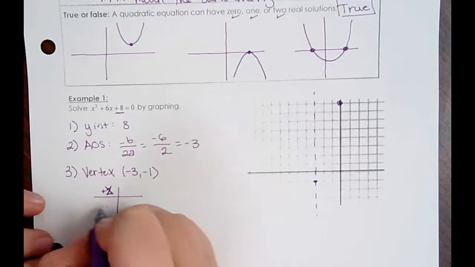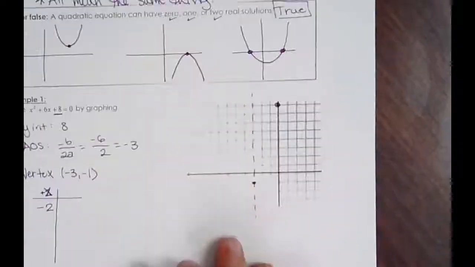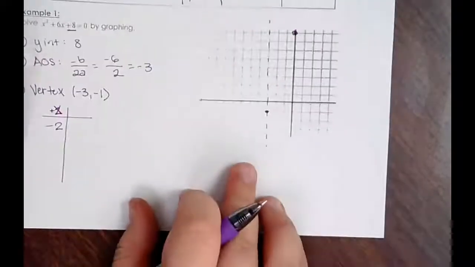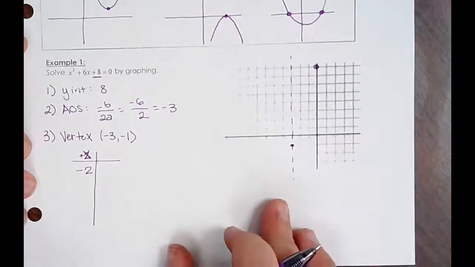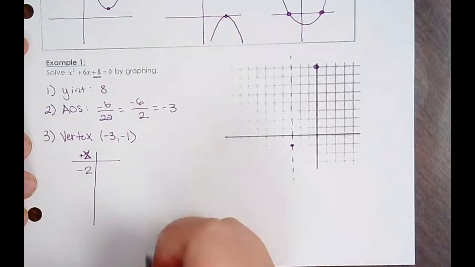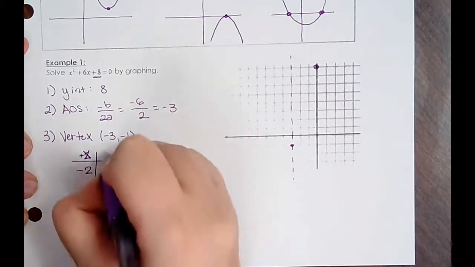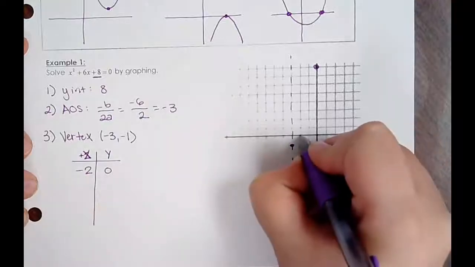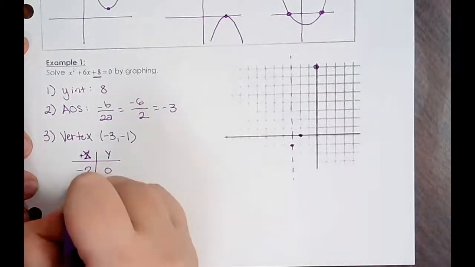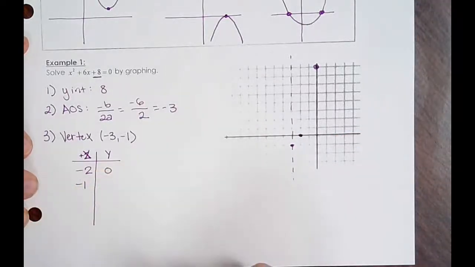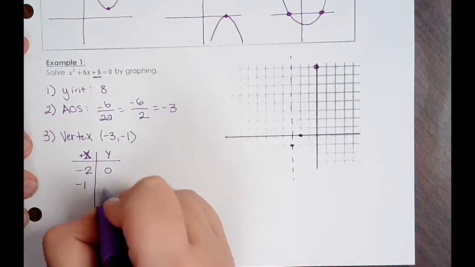When I plug in 2 here, I get 4 minus 12 plus 8. That actually ends up 0. When x is 1, 1 minus 6 is -5 plus 8, which is 3. And then because I've done that, I'm not going any further because I know that my axis of symmetry just shoots these over.